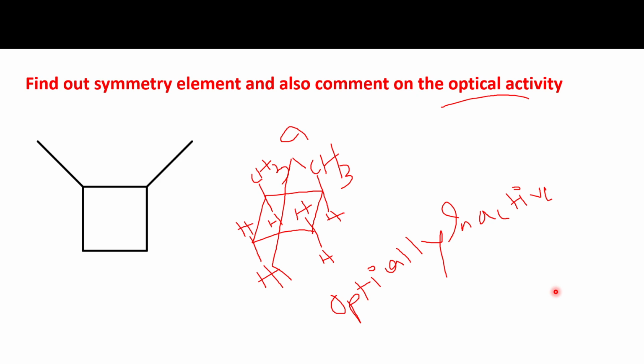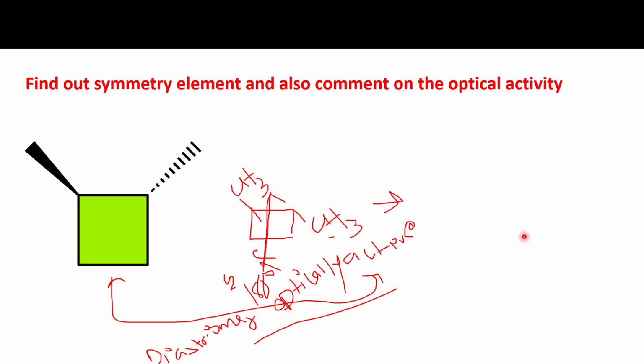When we are talking about any cyclic compound, if a sigma plane or inversion symmetry is present in that molecule, it is not chiral. So they are optically inactive molecules. But a molecule with C2 symmetry is optically active.